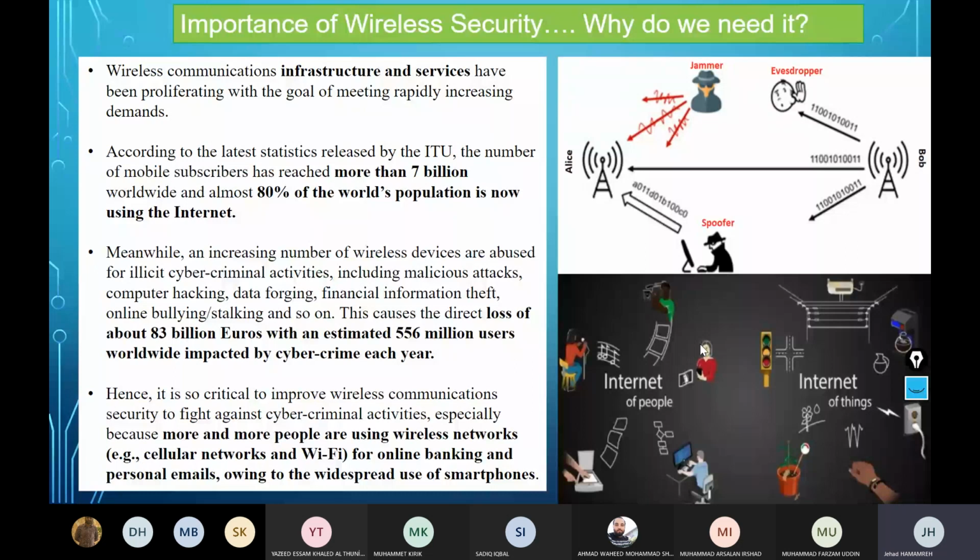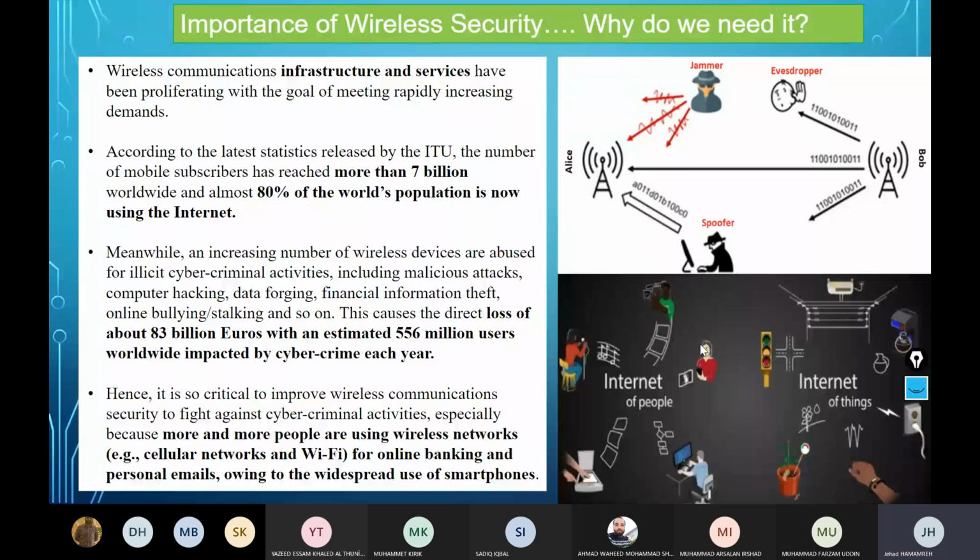Hopefully, by working together, we'll come up with security algorithms that can really improve the security of wireless transmission and security in general, and make it much more authentic, much more robust, much more secure, and much more resilient against those attacks and threats that are going on.